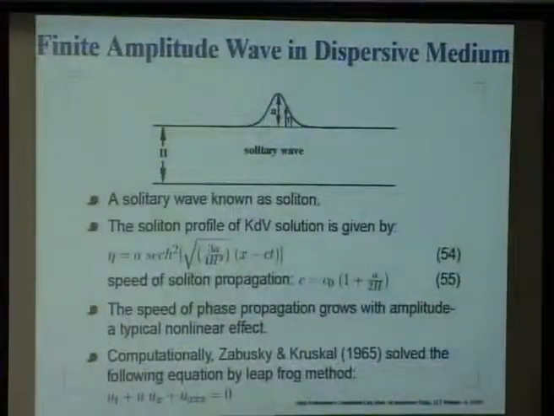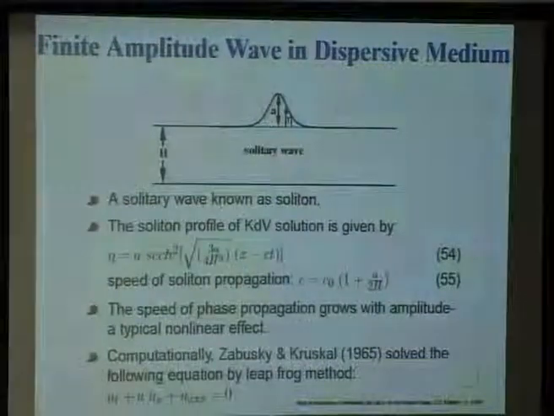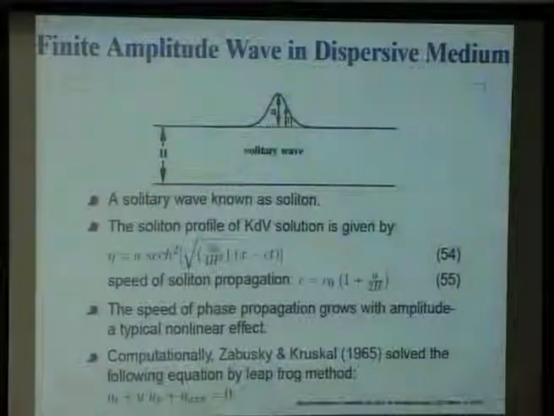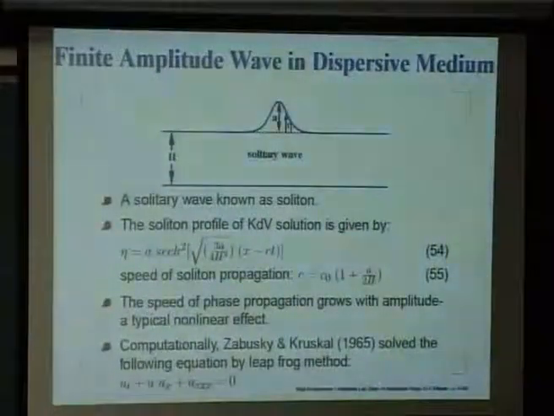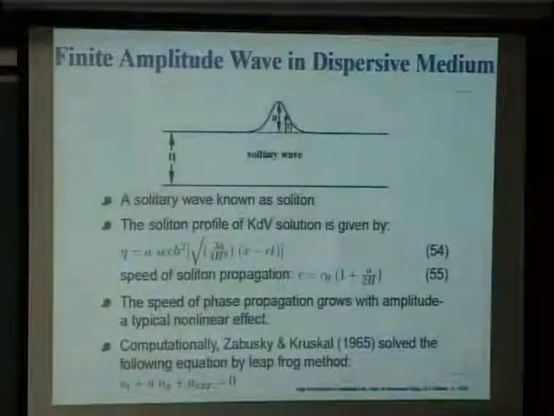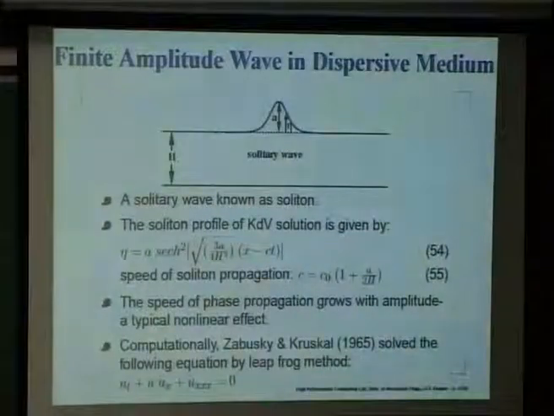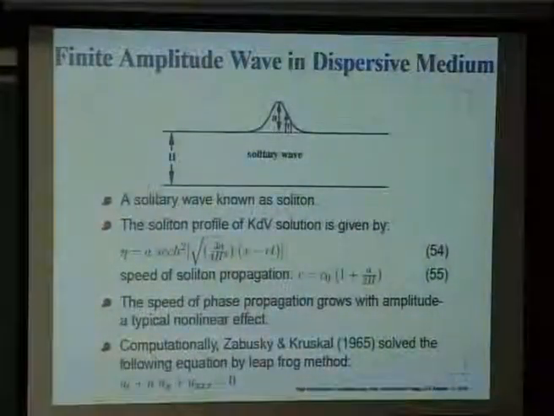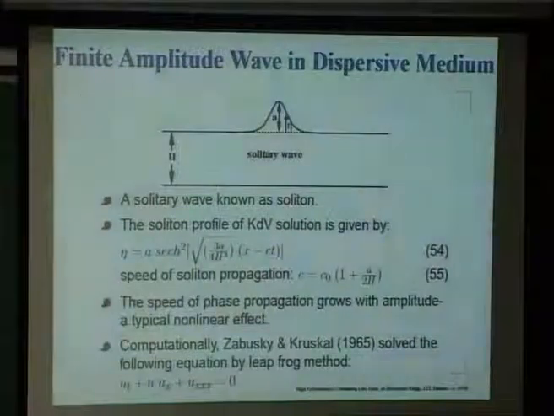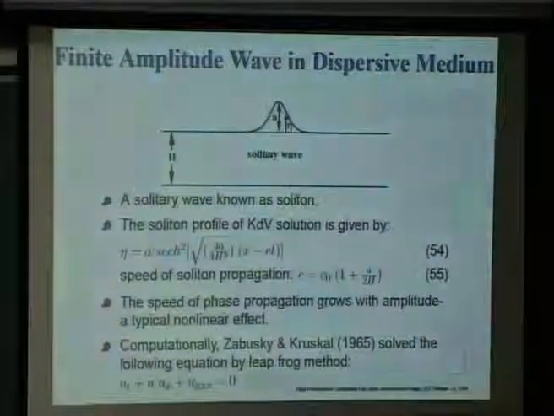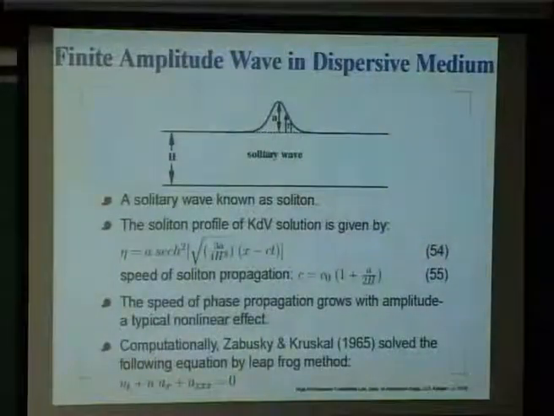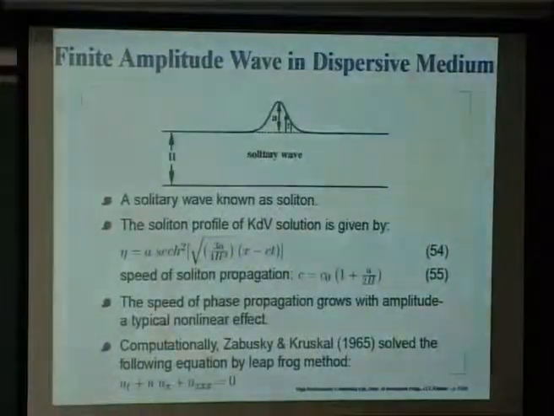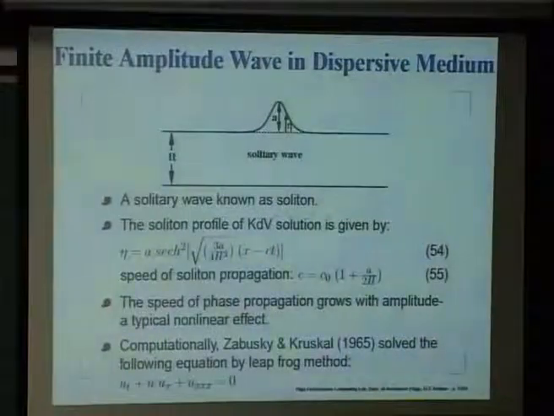Now, if I take this sinusoidal wave and make its wavelength go to infinity, then I would get what is called a solitary wave, also known as the soliton, and the soliton profile of the KdV equation is given by this. This is sech squared, and as you can see, this really goes like a wave, because the phase is x minus c t. Okay. So, it moves at a constant phase speed c.